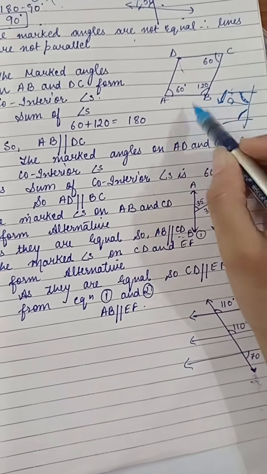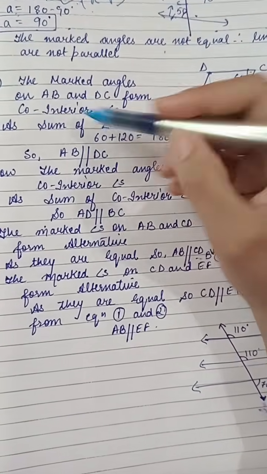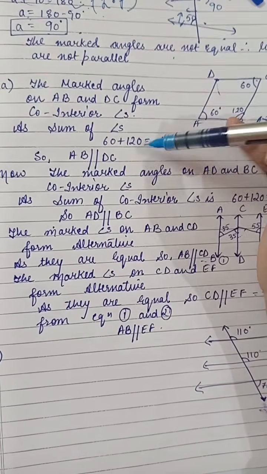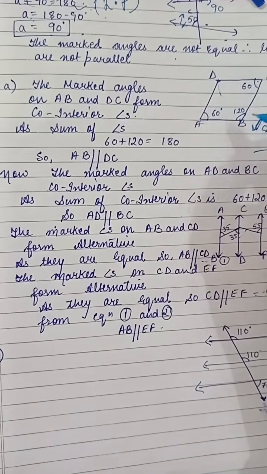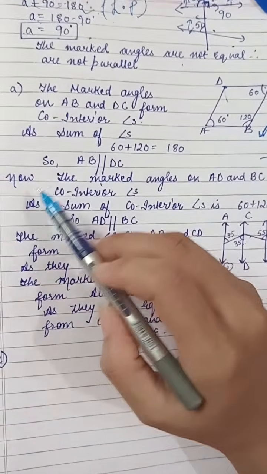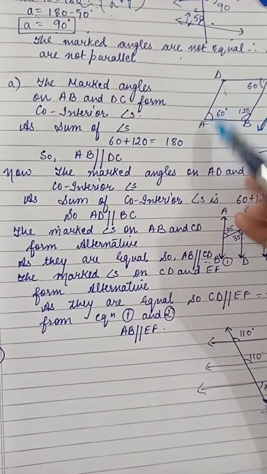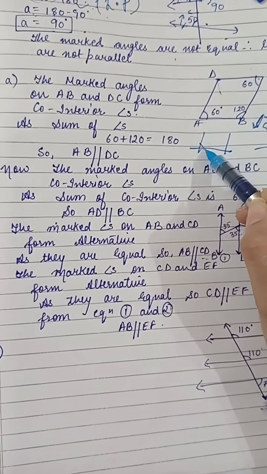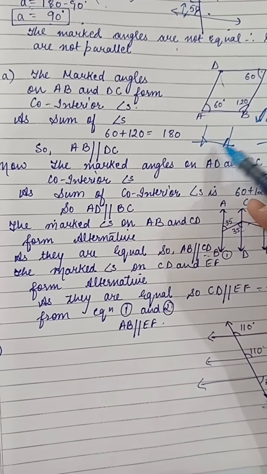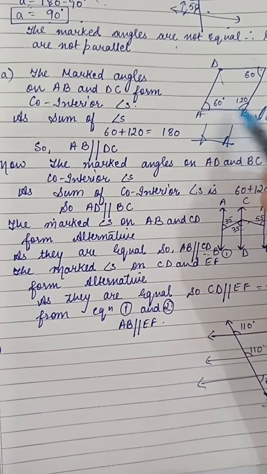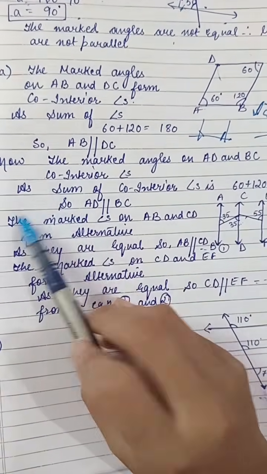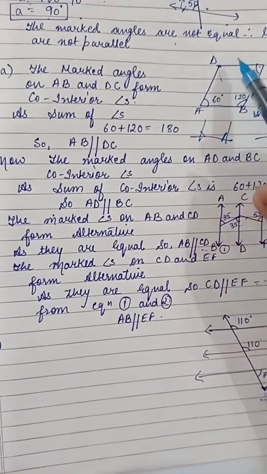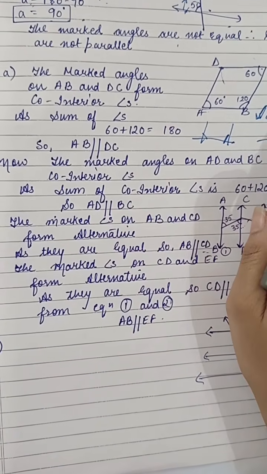So as the sum of the angles is 60 plus 120, that is 180, AB is parallel to CD. Now the marked angles on AD and BC. Now I am going to check this transversal. Again these angles will form co-interior angles and the sum is 180. So the sum of co-interior angles over here is 180, so AD and BC will be parallel.